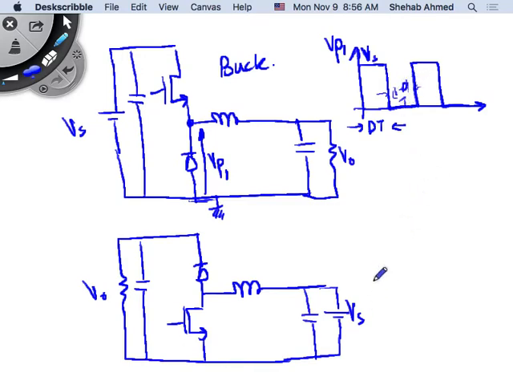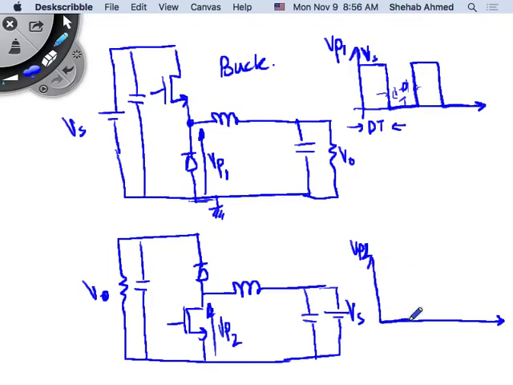How about for the boost converter? What is Vp? Let's call this Vp2. When the switch is on, what's Vp2? 0. And when the switch is off, the diode is on, and the voltage Vp2 is equal to V output.